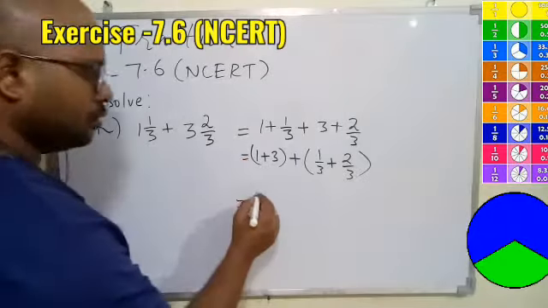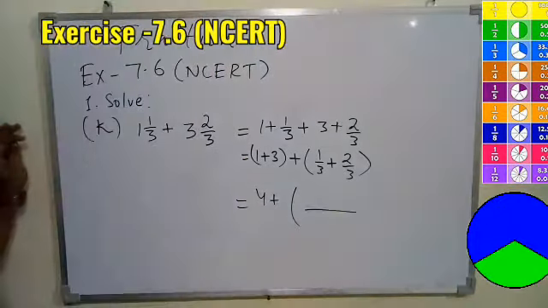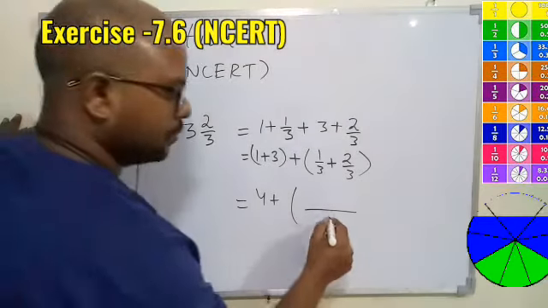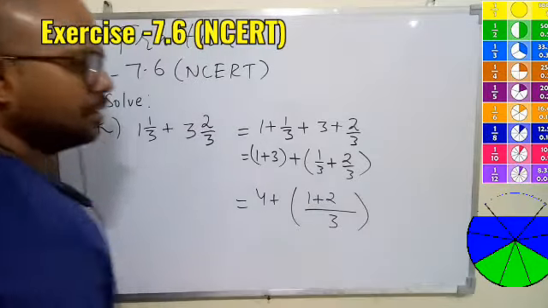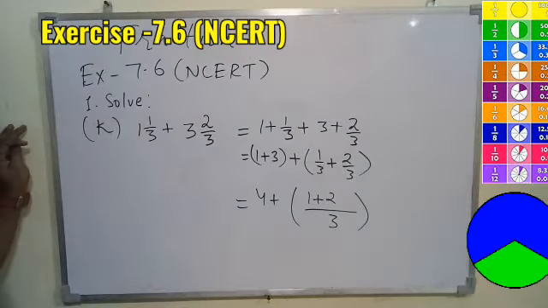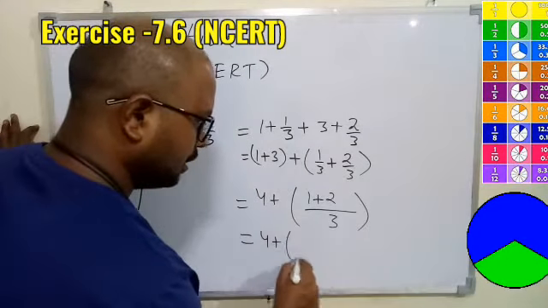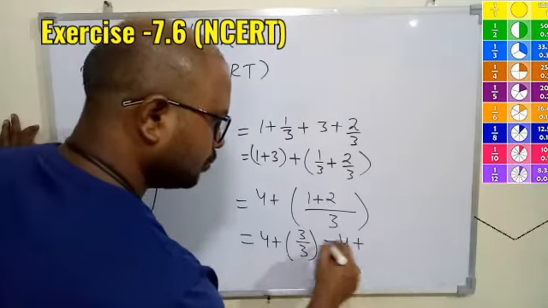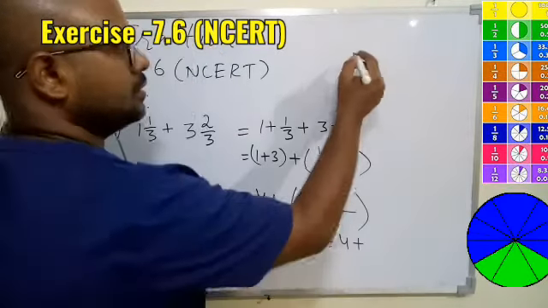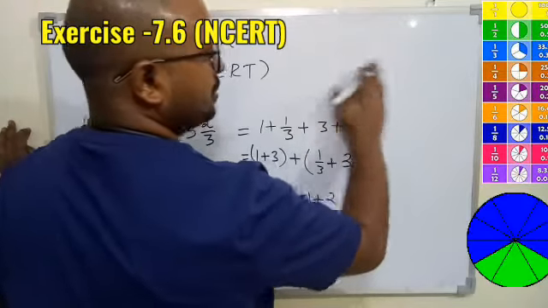So 3 plus 1, 4 plus. Now here we have like fractions, so nothing to be done. Just write down the same denominator and then add the numerators. Because here we have like fractions, we can directly add the numerators. So 2 plus 1, 3 upon 3. So 3 upon 3 is nothing but what you will get? LCF of 3 and 3 will be 3.